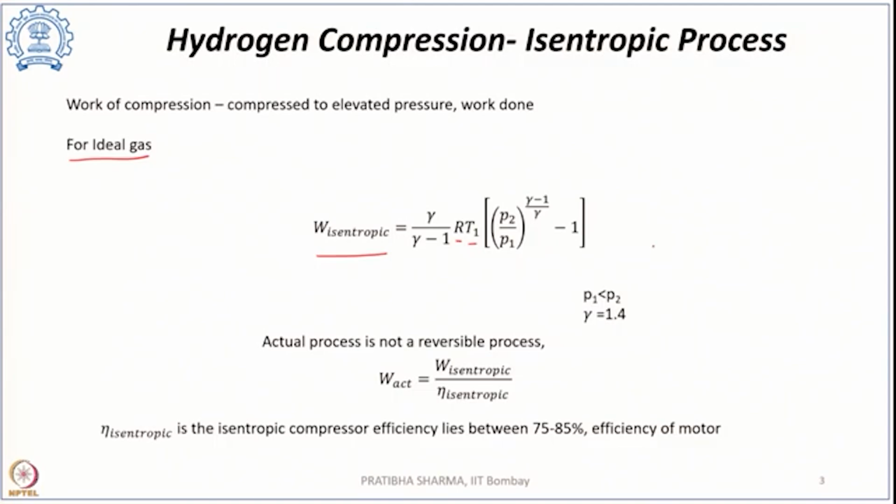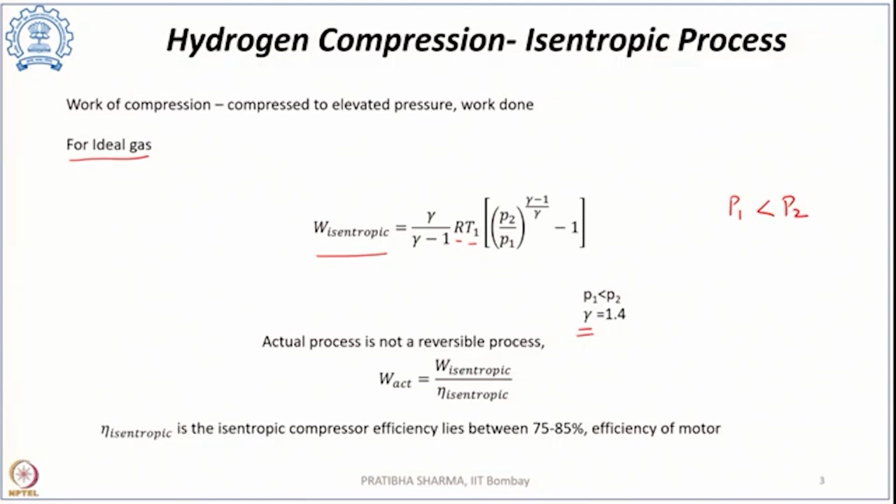This is the isentropic work considering the gas to be an ideal gas. Since the process is compression, the initial pressure is lower than the final discharge pressure. Considering the gas to be diatomic, because hydrogen is a diatomic gas, the specific heat ratio is 1.4.